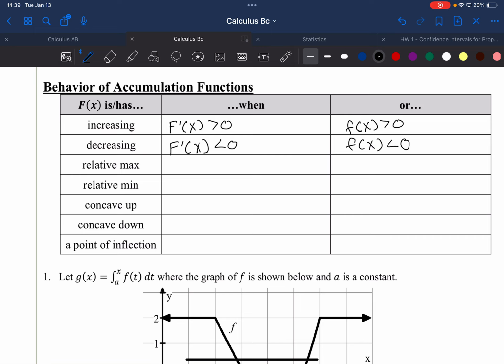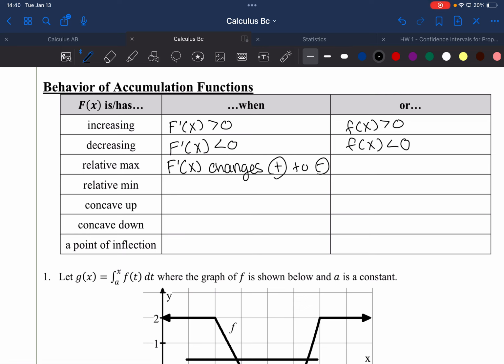Okay. Relative max and relative min is when we are changing signs. So for a relative maximum, the derivative of capital F of x changes from positive to negative.